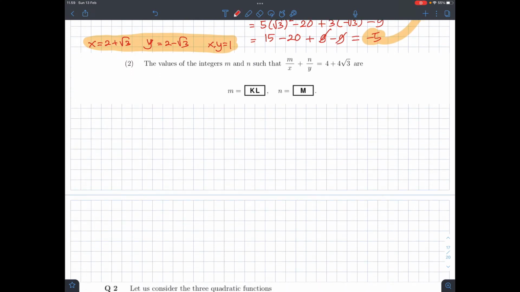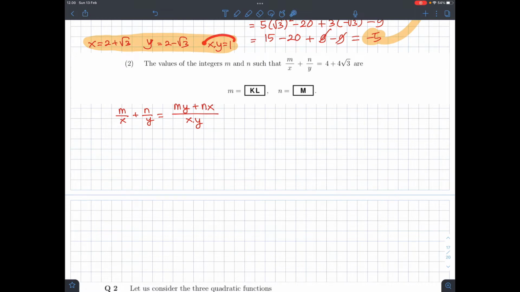They ask you to find the value of m and n here, so keep these identities, yeah. Okay, m over x plus n over y, you just make a common denominator. The first fraction changes to this one, and the second fraction becomes like this, yeah.